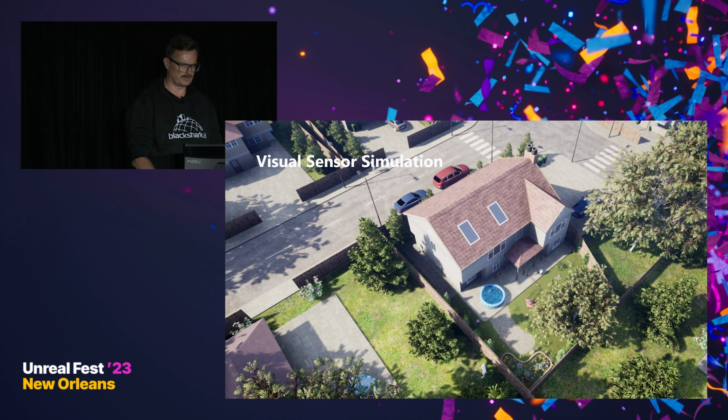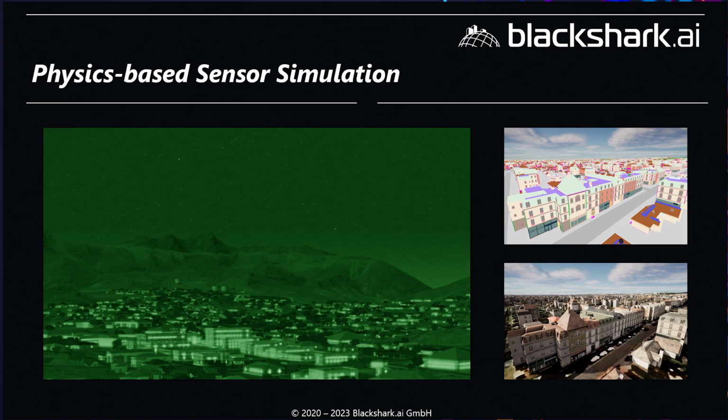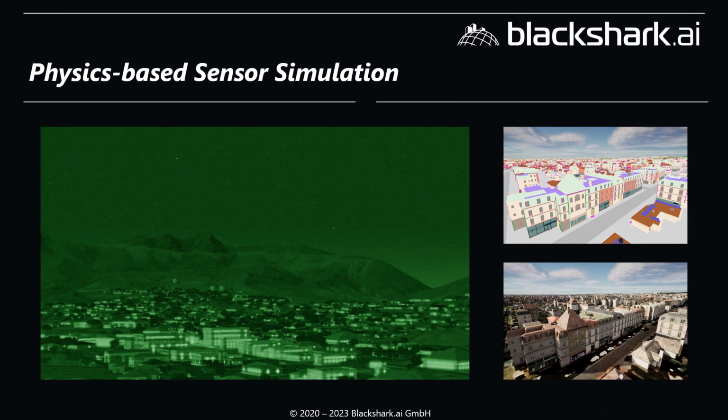In this case, it was about simulating certain scenarios for delivery drones. What if a child runs out? Does the sensor and the artificial intelligence of the drone behave in the right way? Based on the material attributes I mentioned already, of course, we can do physics-based sensor simulation.